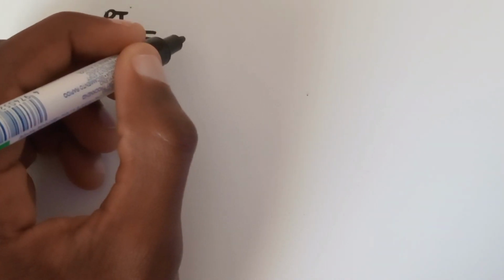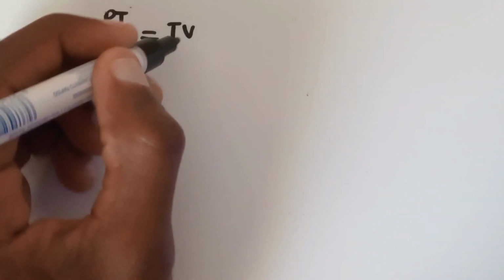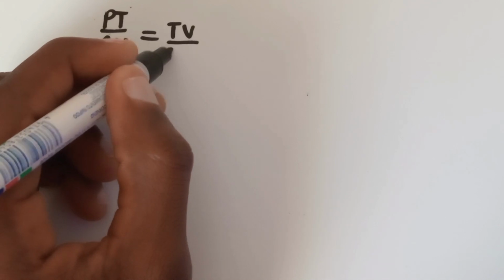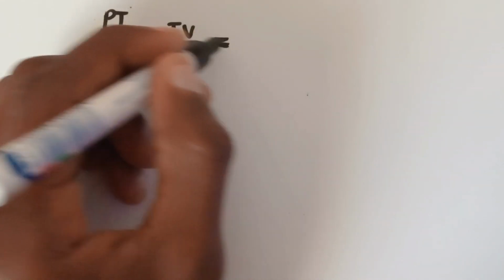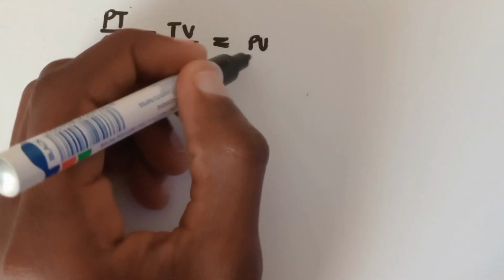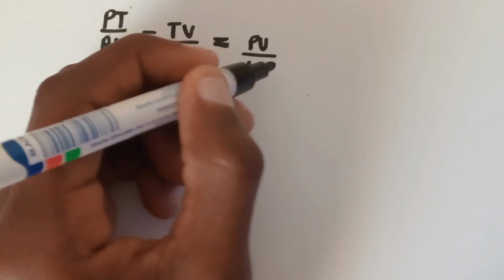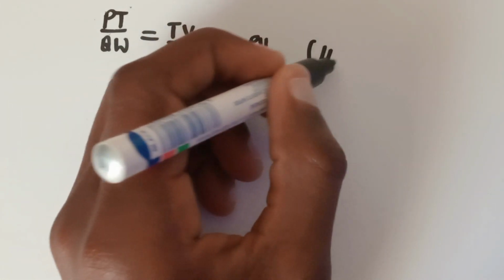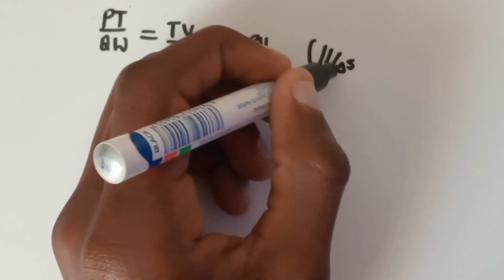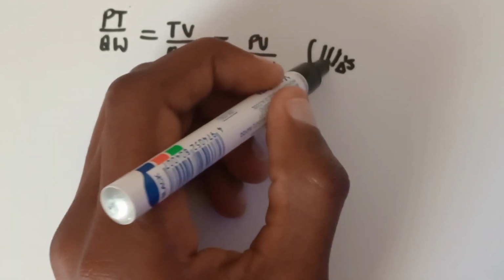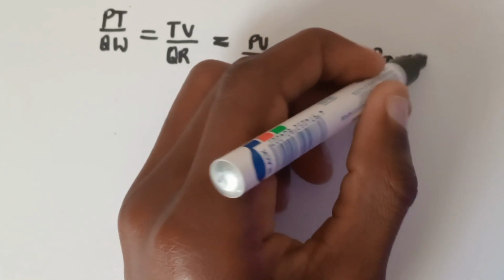We say that here is PT, from our similar triangles, PT over QW is equal to TV over QR, which is equal to PV over WR. We got them from the similar triangles. Similar triangles proven.